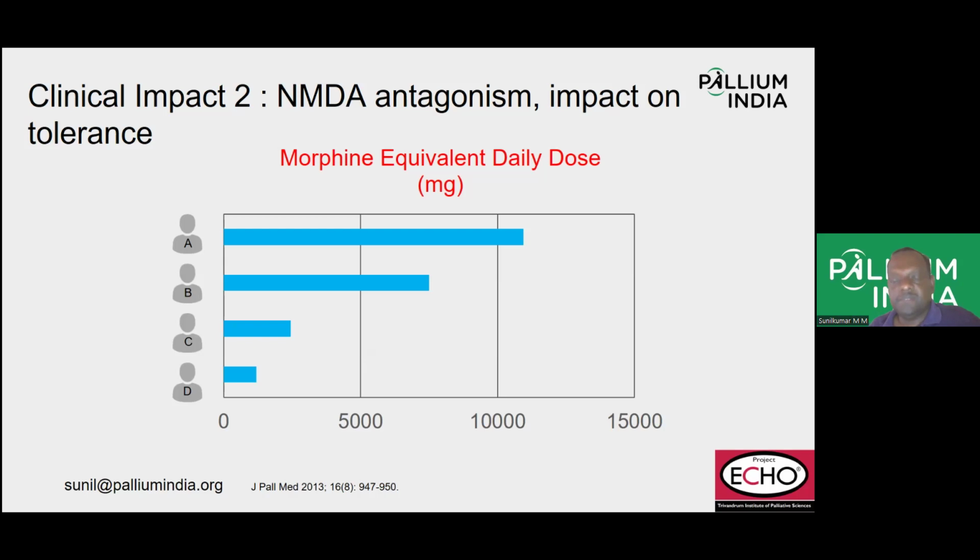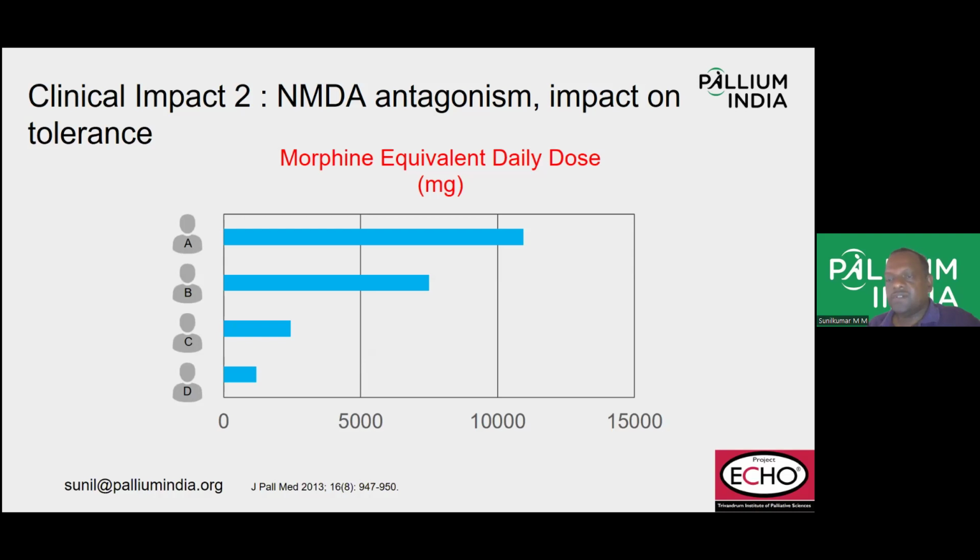Explain what is meant by tolerance. What is tolerance? The same drug dose will give a lesser effect.